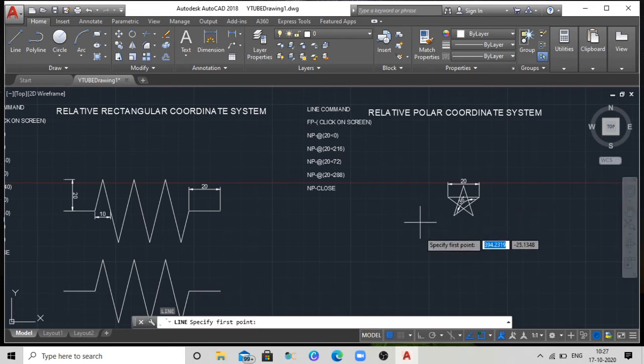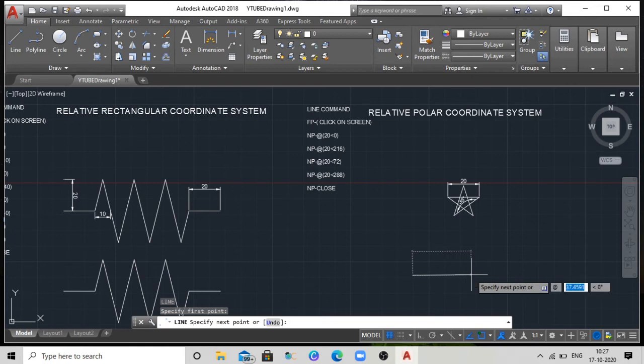First take the line command, click anywhere on the screen. First coordinate equal to, you will use the @ sign as a distance, @20<0.